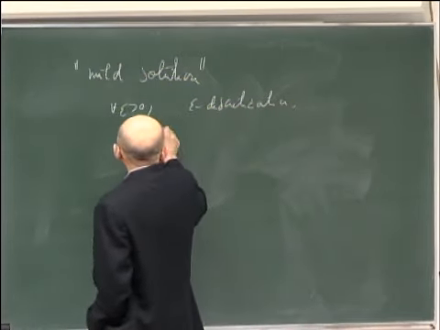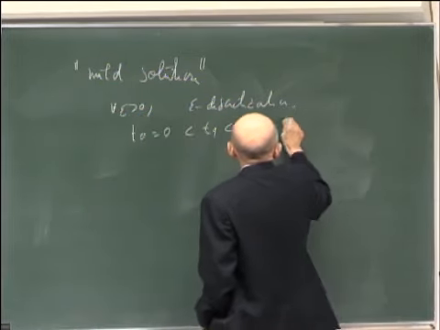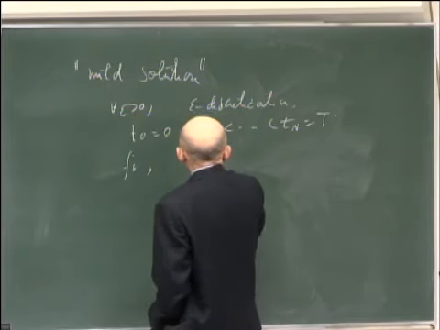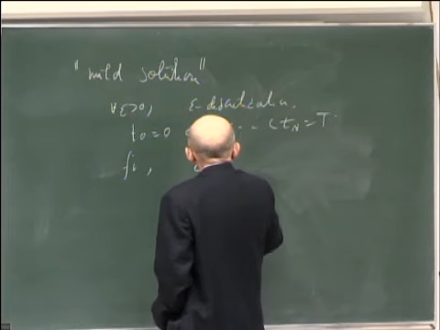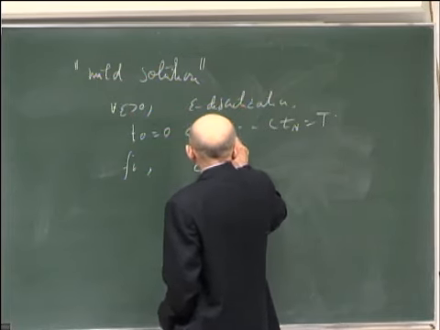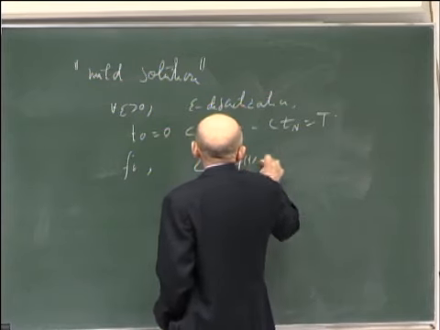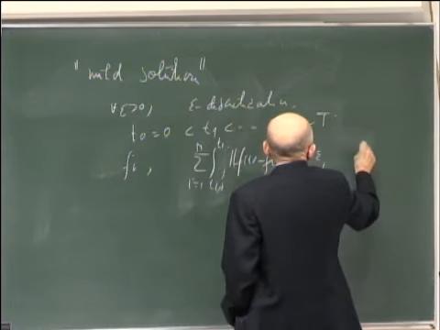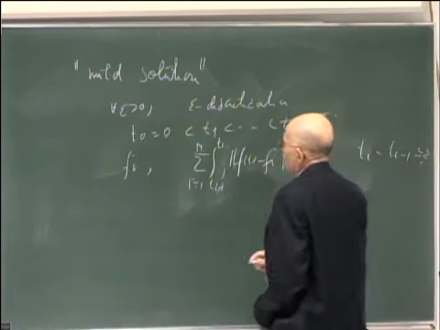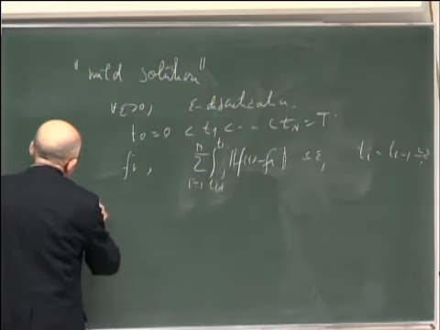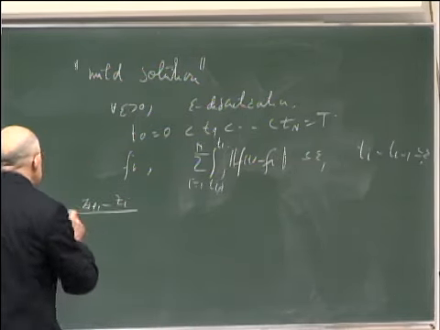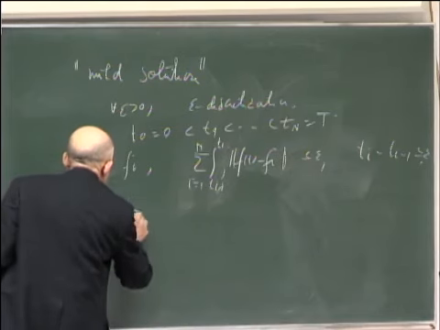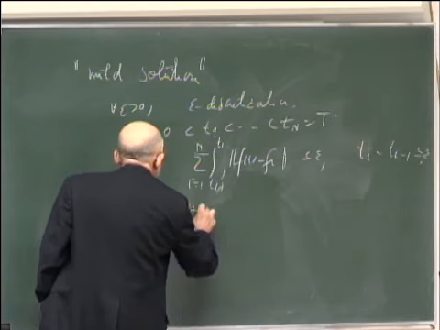This means that we take 0 = t0 < t1 < ... < tn = T, and f_i such that the sum over i = 1 to n of the integral from t_{i-1} to t_i of the norm of f(t) - f_i is less than epsilon, with t_i - t_{i-1} < epsilon, and finally we take z_{i+1}, the solution to this difference scheme: (z_{i+1} - z_i)/(t_{i+1} - t_i) + A z_{i+1} = f_{i+1}.